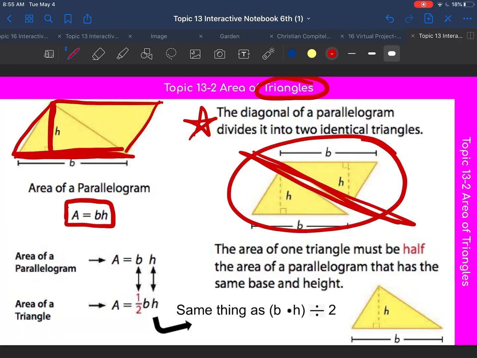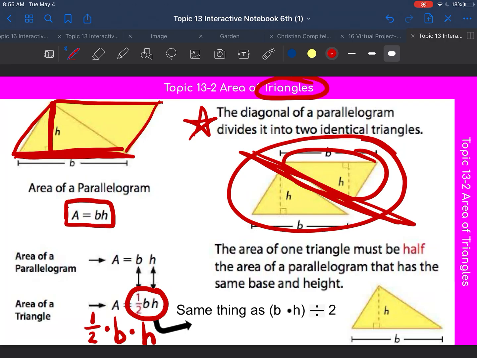Well, it would be half times base times height. And that is how you find the area of a triangle. And that means you're multiplying half times base times height, because one triangle is half of a parallelogram. So it would make sense that the area would also be half.